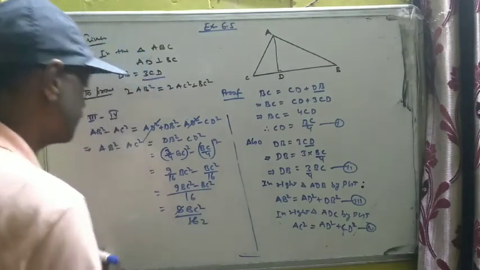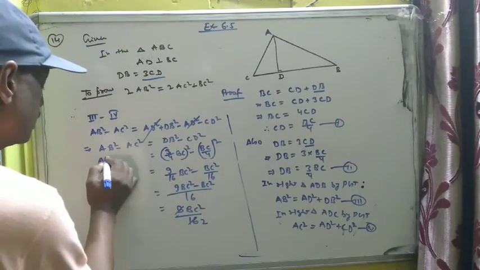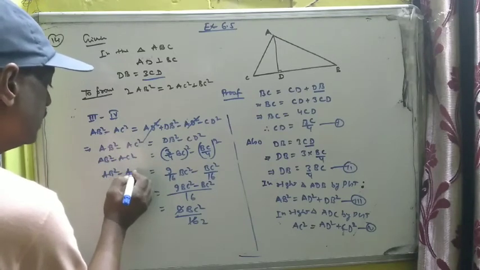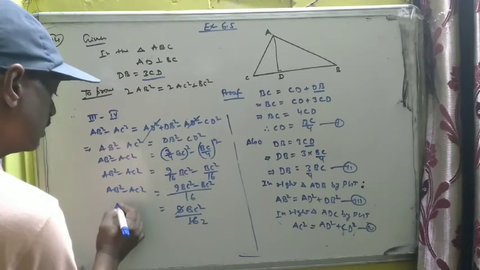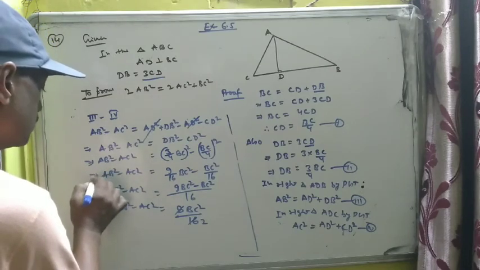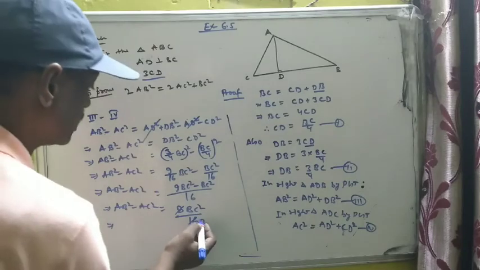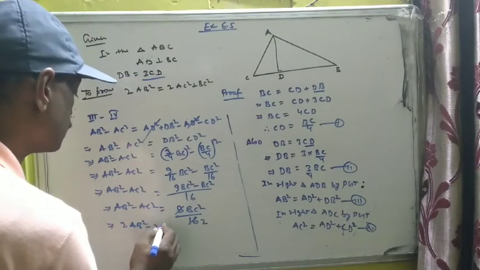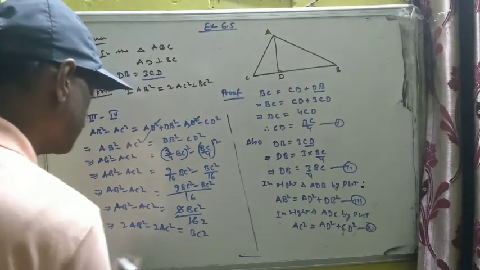In the same way, AB square minus AC square. Now cross multiplication: 2 is multiplied by this, so 2AB square minus 2AC square equal to BC square.